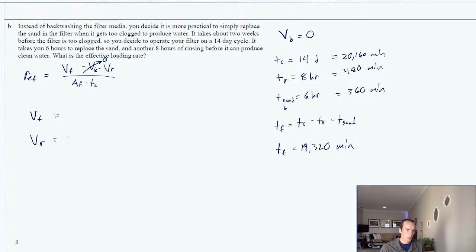So just like we did in part A, we're going to put in our numbers for the loading rate that was given to find VF and the area that we know. The volume filtered comes out to be 1,253 liters, and the volume rinsed comes out to be 31.12 liters.